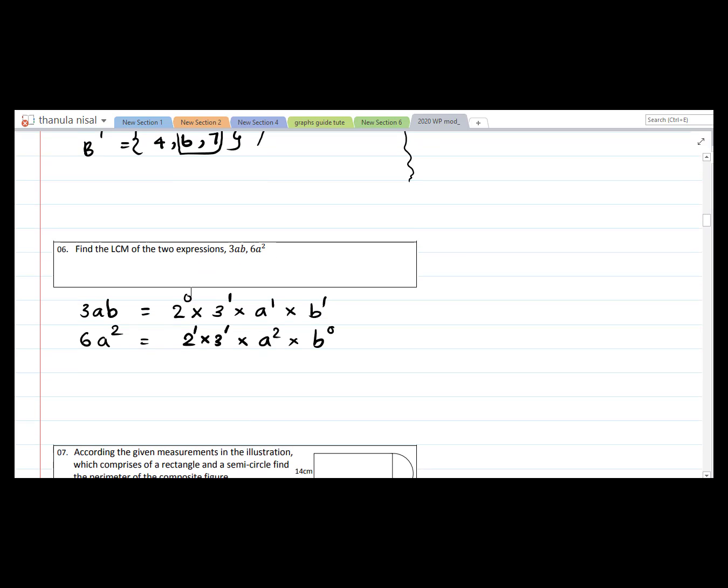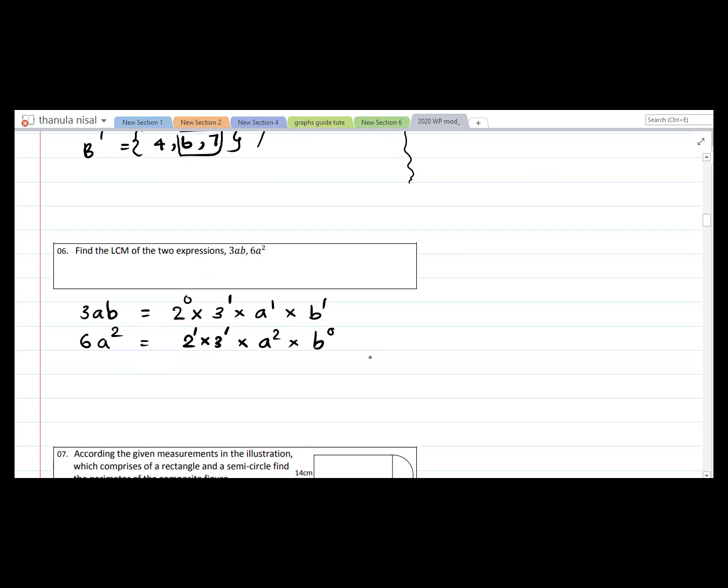Now when finding LCM of any two values, whether they are algebraic or numerical, we want to take all of their products with their maximum powers. Here maximum power is 1. Here out of this maximum power is 1.